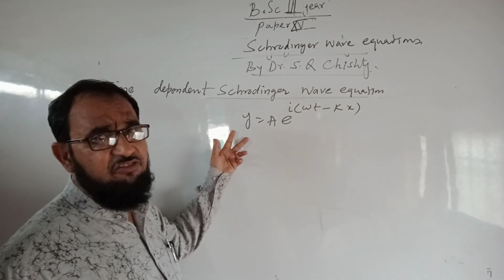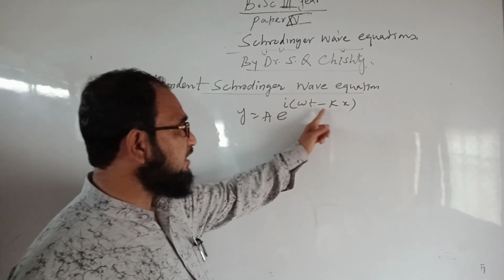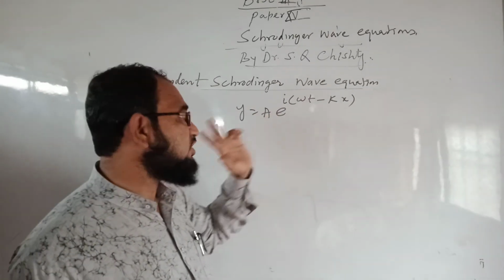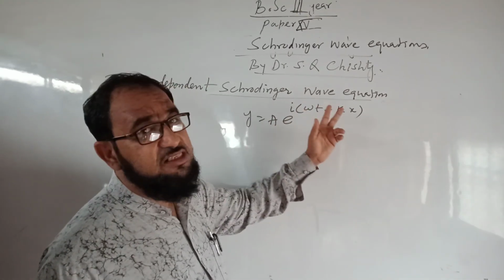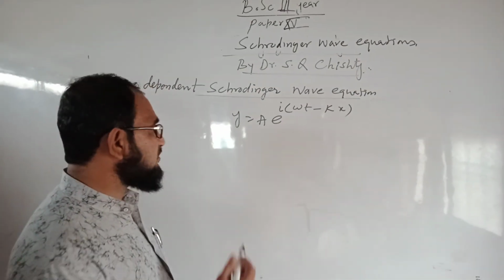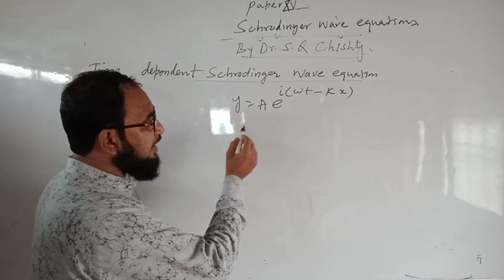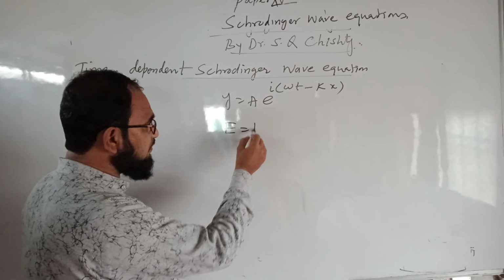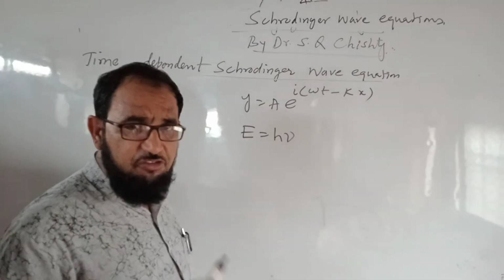So let us consider a wave which is given by y is equal to a e raised to power i (omega t minus kx) in the exponential form, where omega is the angular frequency and k is the wave constant. Now I will replace omega and k by E is equal to h nu in terms of energy and in terms of momentum.